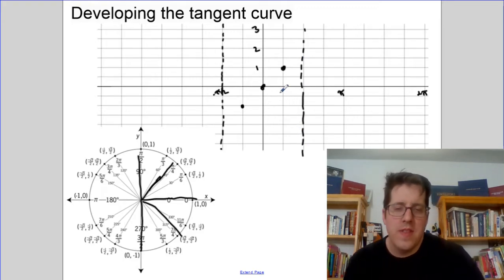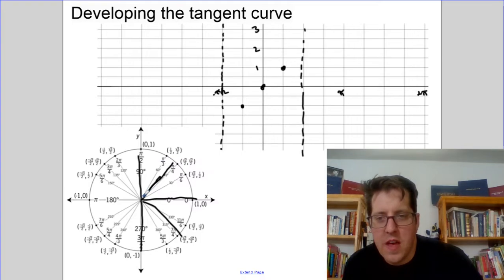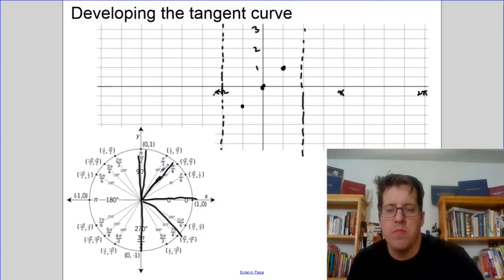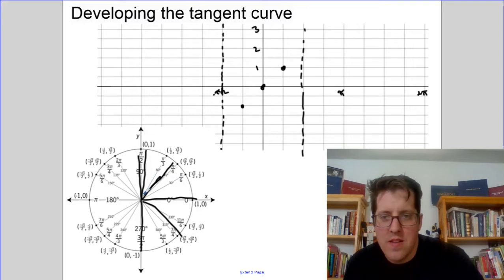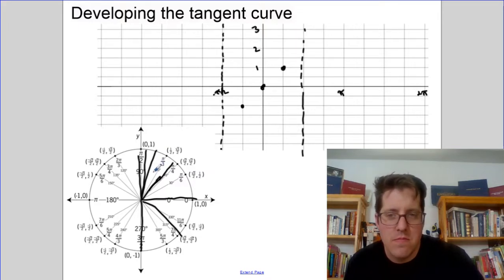Now, we need to fill in the gaps a little bit here. I want you to think about what the slope of, say, this line would be. Looks like it might be 10. And this line might have a slope of, say, 8, 7, 3. Who knows?